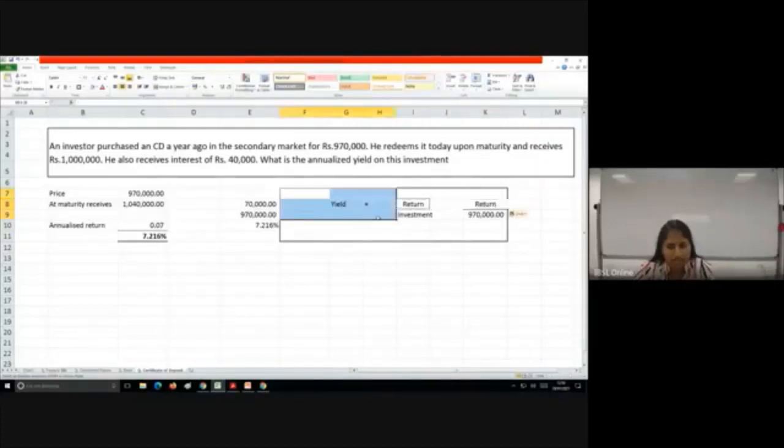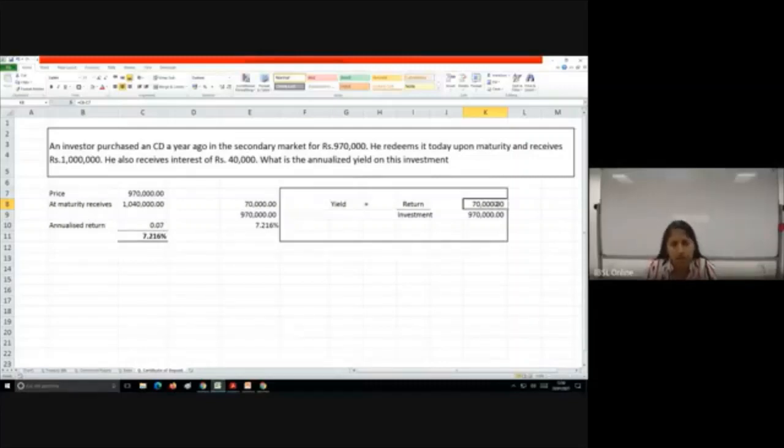The return that you got here is 1,040,000 minus 970,000. Now this 70,000 includes 40,000, which is the add-on interest rate of the certificate of deposit, and another 30,000, which is coming from the discount.